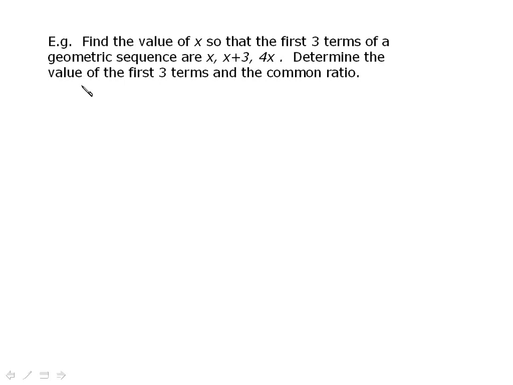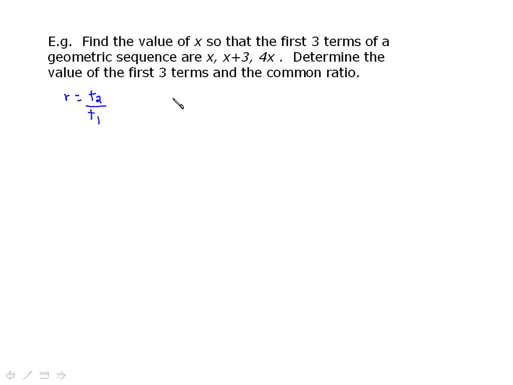So this is all defined in terms of x, but we really want to find out first off what the value of x is equal to. Once we get that, the second parts of the question should be fairly routine. The method for these is to note that the common ratio is equal to T2 divided by T1.